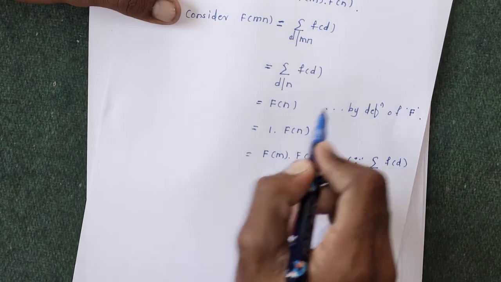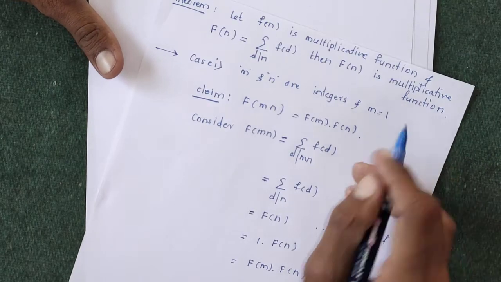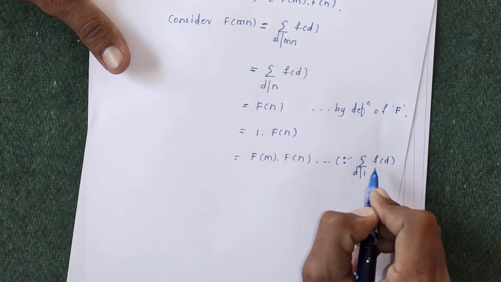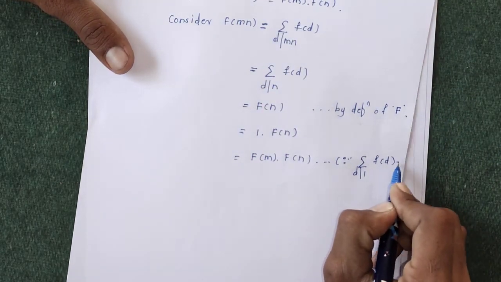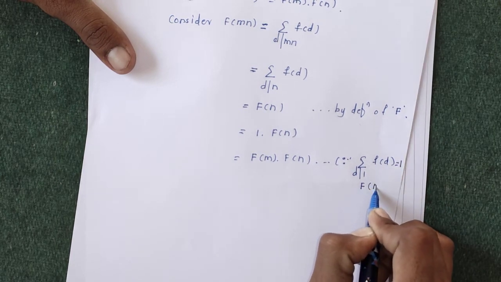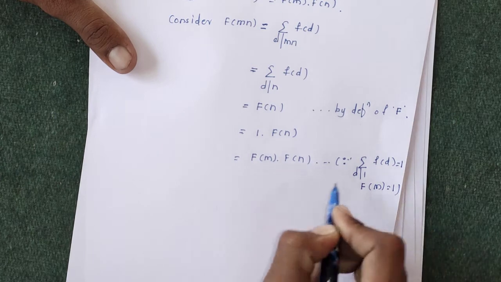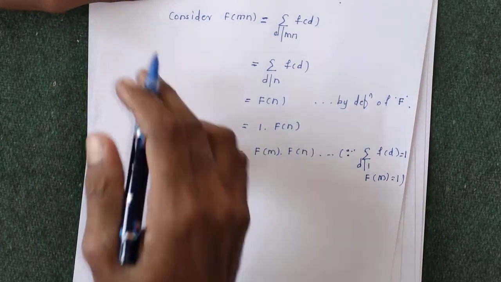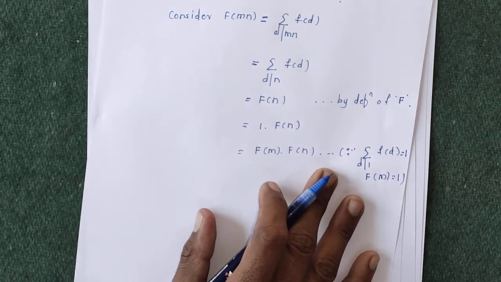Here 1 is the value of m, so this is equal to 1. So capital F of m will become 1. So 1 is equal to f of 1, and we will get our required claim.